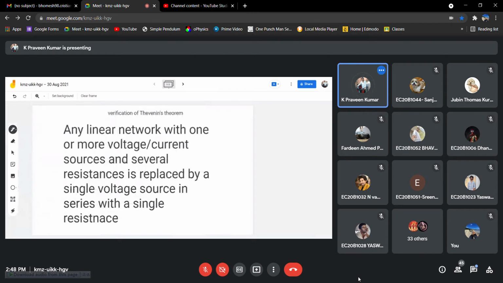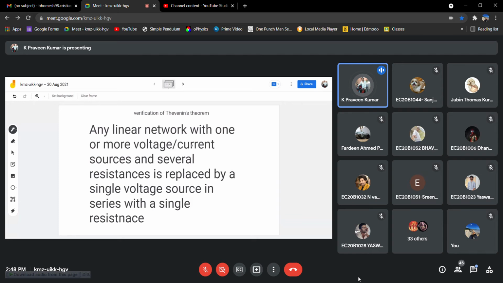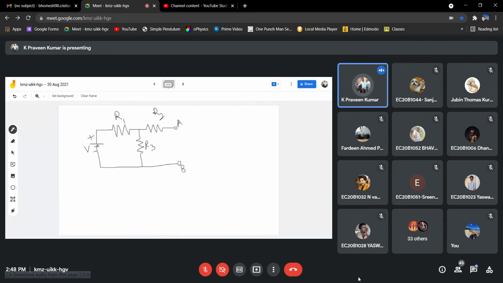Any linear network with one or more voltage or current sources and several resistances is replaced by a single voltage source in series with a single resistance. So this means that the circuit, something like this, with one or more voltage or current sources with several resistances, this entire network can be replaced by a single voltage source in series with a single resistance.